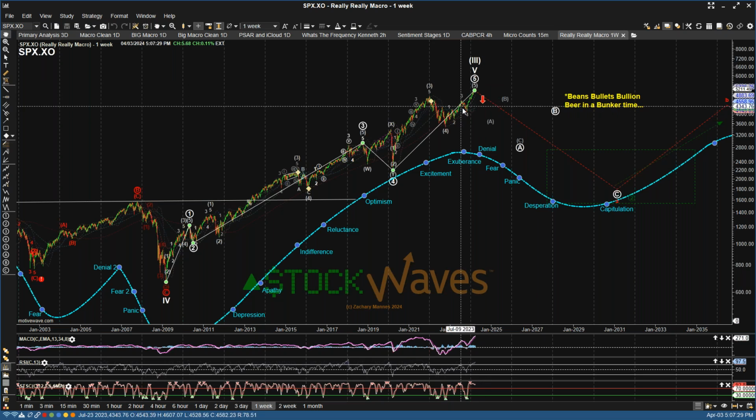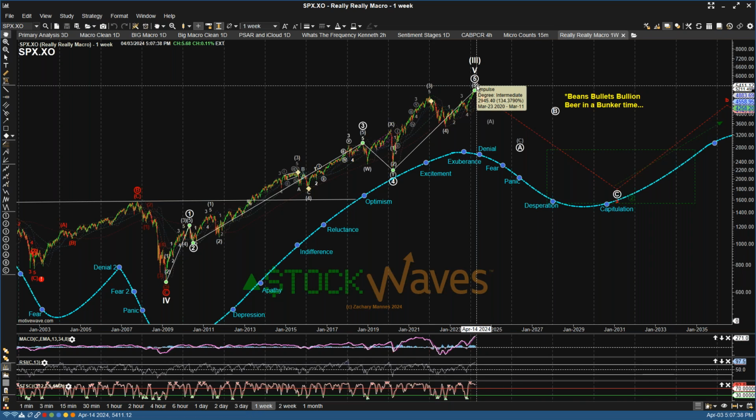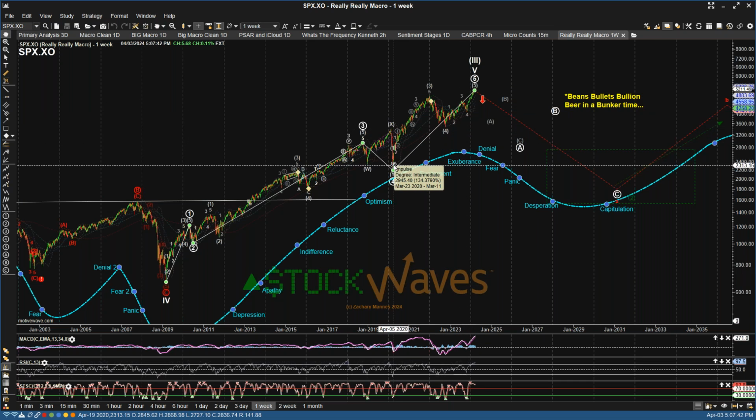And now we're going to zoom in on the structure so that we can see at that smaller degree inside the 5th wave of this parentheses wave 5, where the possible room for extension is, or if we need to start considering that that is getting closer to being complete.